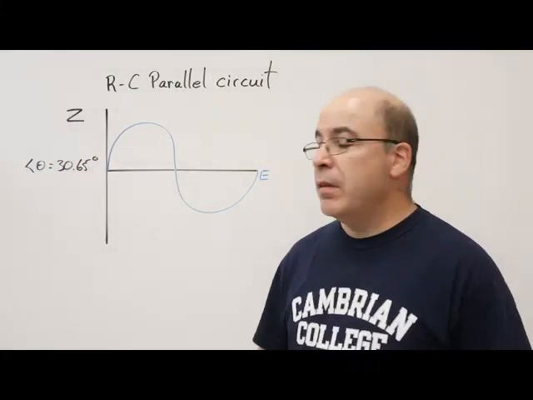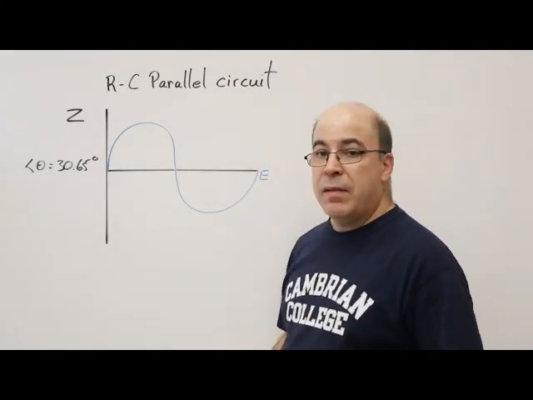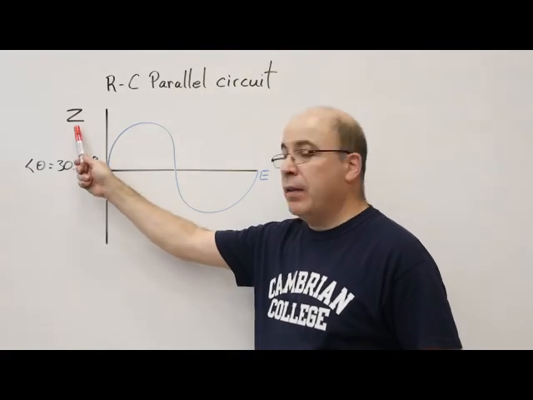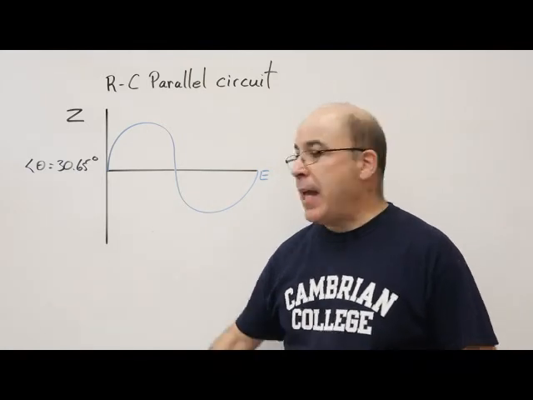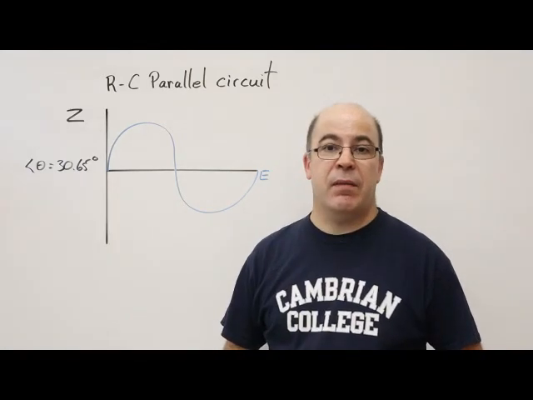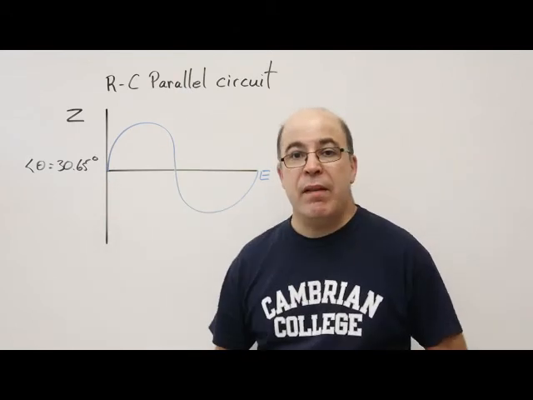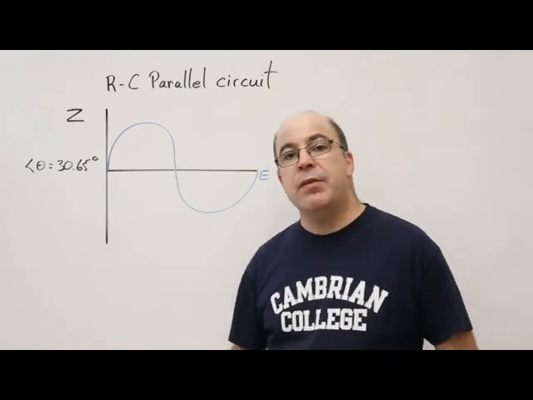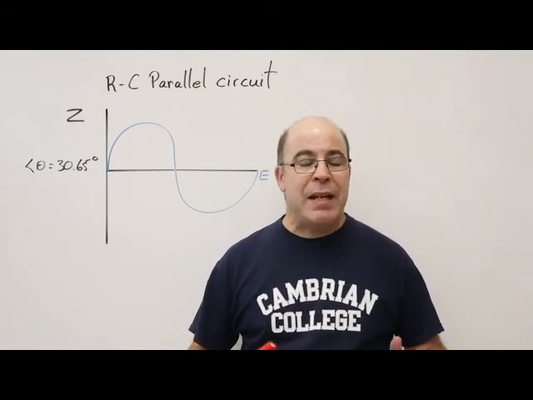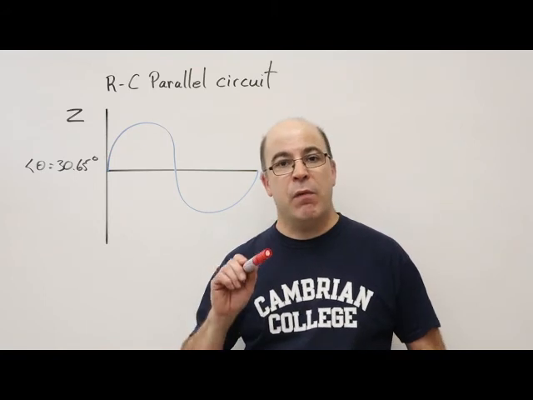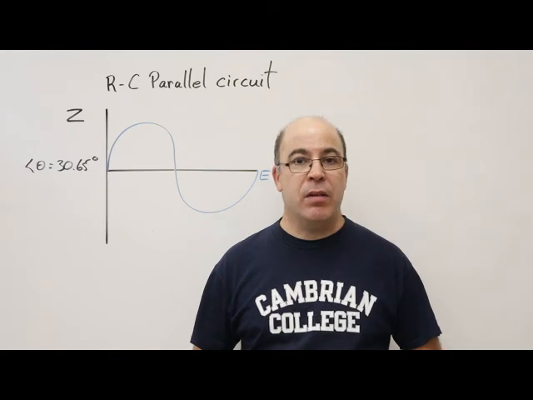Here we have the RC parallel circuit. This graph represents the entire circuit and it's represented by the letter Z. Now we calculated the angle theta as 30.65 degrees. I've also taken the liberty of drawing in the voltage waveform. We are working with a parallel circuit, and one of the rules that govern doing calculations with a parallel circuit is that the voltage across each branch will be equal to the applied voltage.